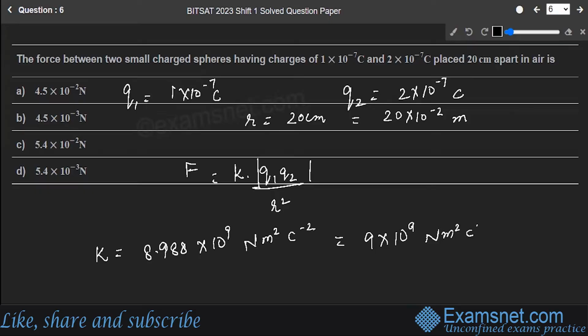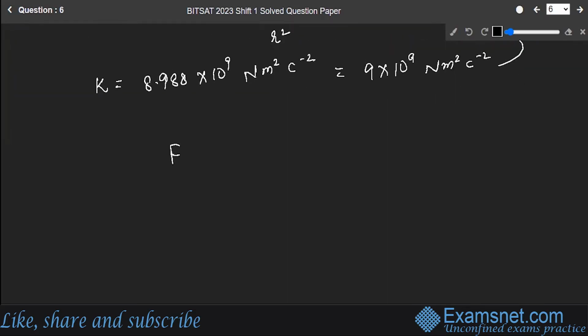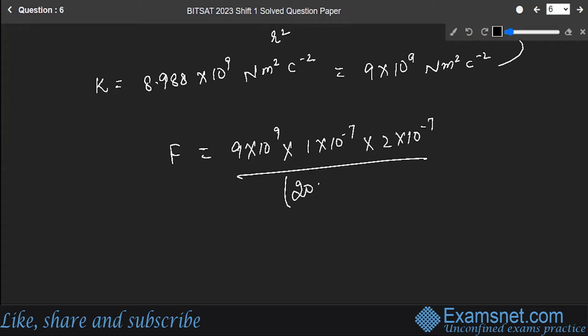Let's fill in all the values. So the force is 9 into 10 power 9 multiplied by 1 into 10 power minus 7 multiplied by 2 into 10 power minus 7, upon 20 into 10 power minus 2, square.